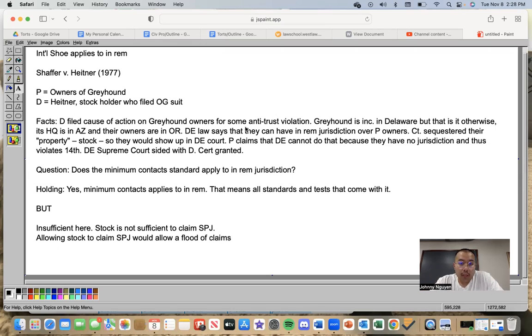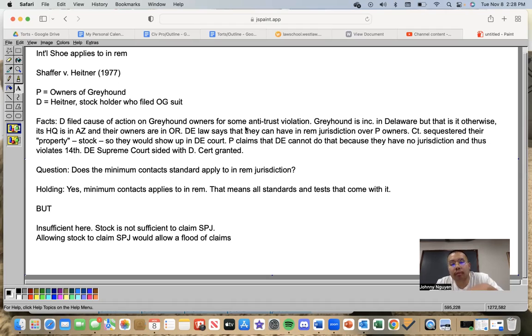Delaware law at the time said that they can have in rem jurisdiction over Greyhound owners. So the court sequestered their property, their stock. This is the in rem part, so that they could show up in Delaware courts.